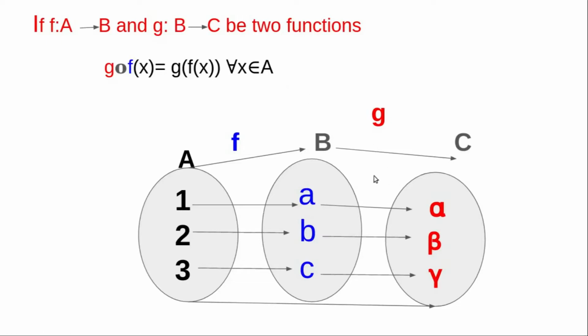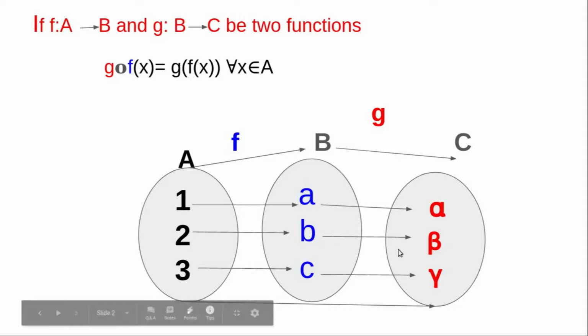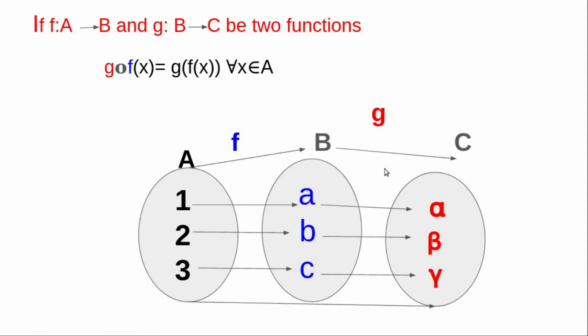Now there is another function from B to C denoted by g. g of a is equal to alpha, g of b is equal to beta, g of c is equal to gamma. These two functions make a new function from A to C, that is g composition f.